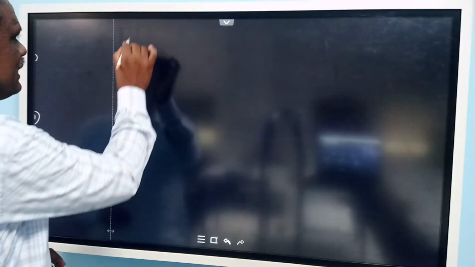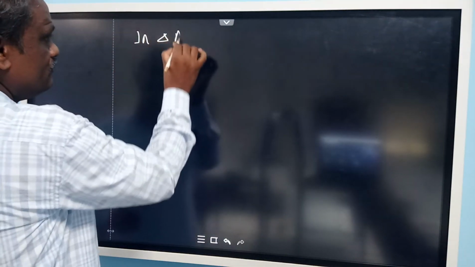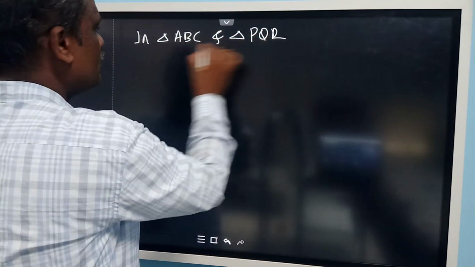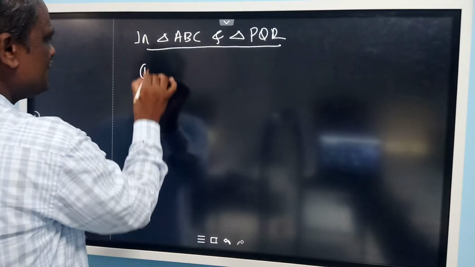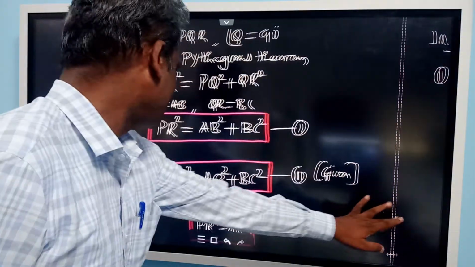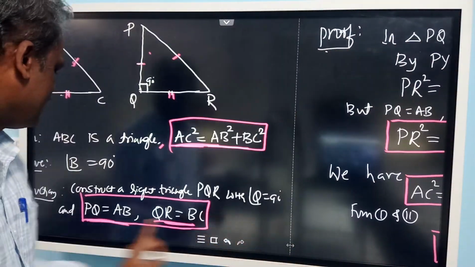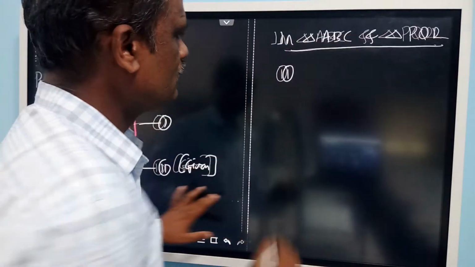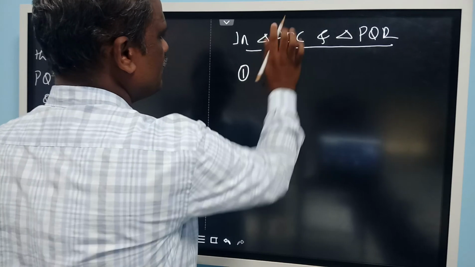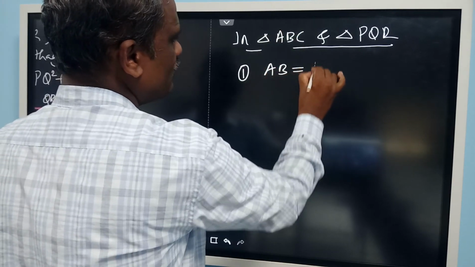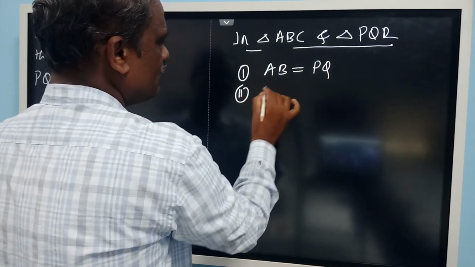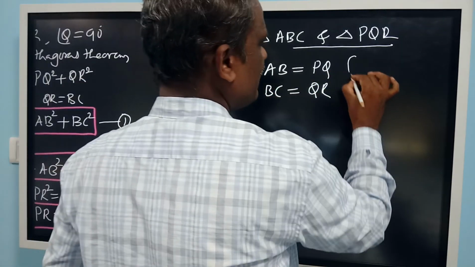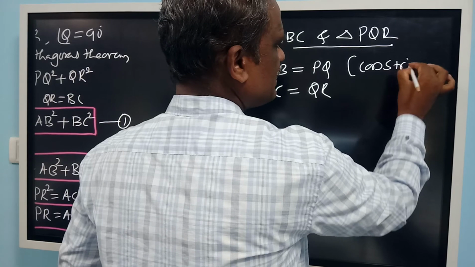So therefore, in triangle ABC and triangle PQR, first, what is given, let us write here. By construction we have taken PQ is equal to AB and QR is equal to BC. PQ is equal to AB, or AB is equal to PQ. Second one, BC is equal to QR. This we took in construction.